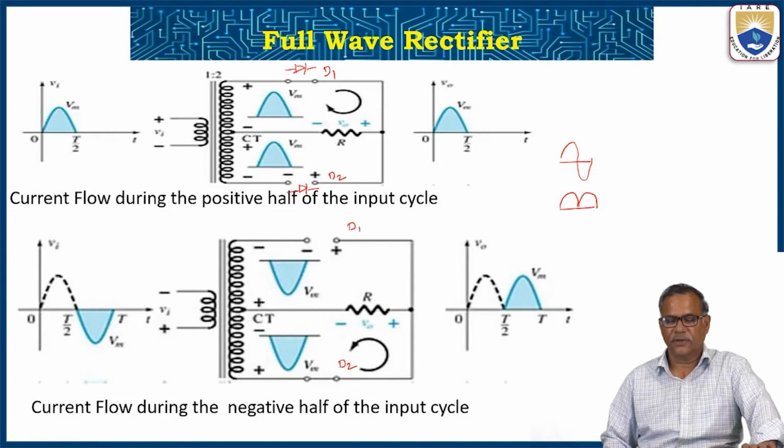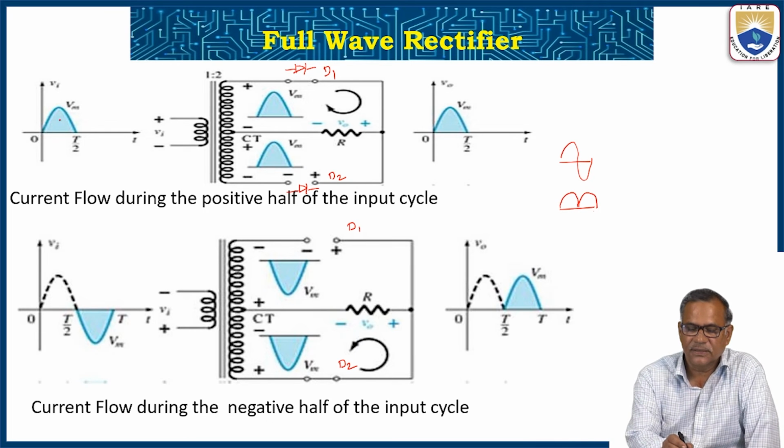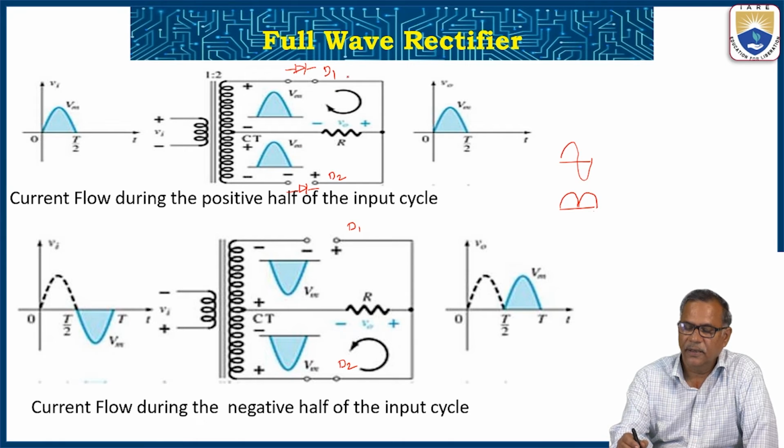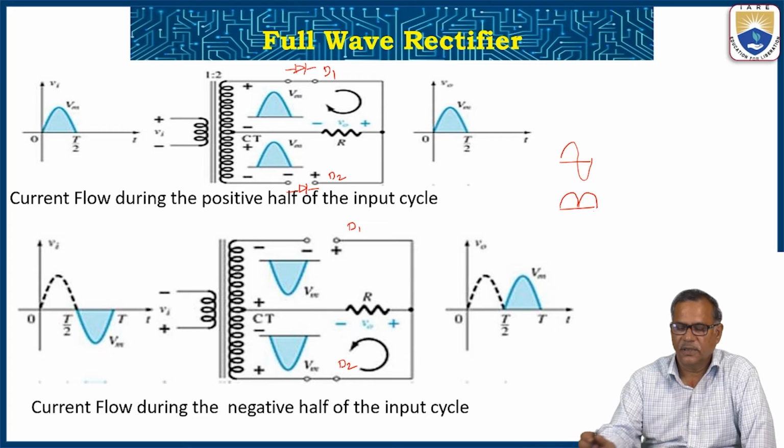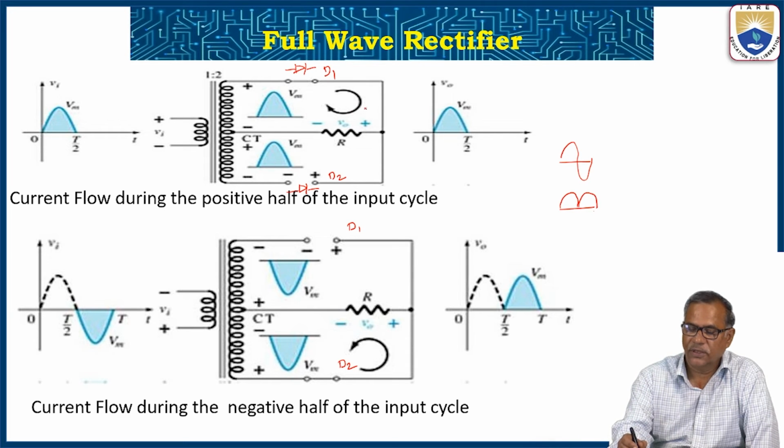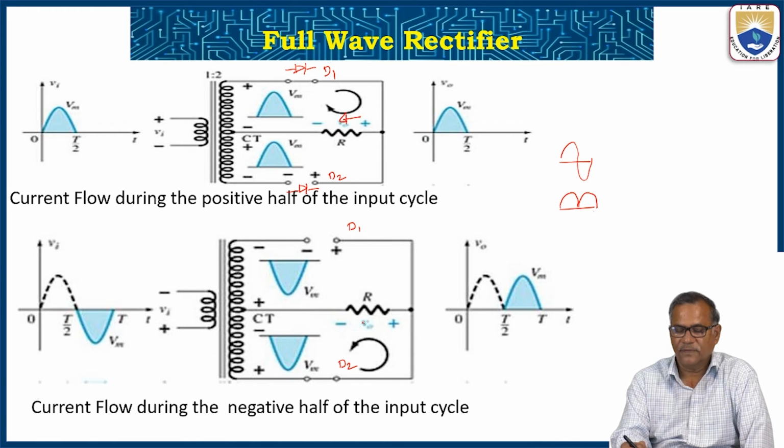Now the operation of the circuit: when the input is positive, here there is a positive cycle and here there is a positive cycle. D1 is forward biased, so it is replaced with a closed switch and the current passes through the diode in this direction. During the negative half cycle, D1 is reverse biased and D2 is forward biased, and the direction of current is in this way.